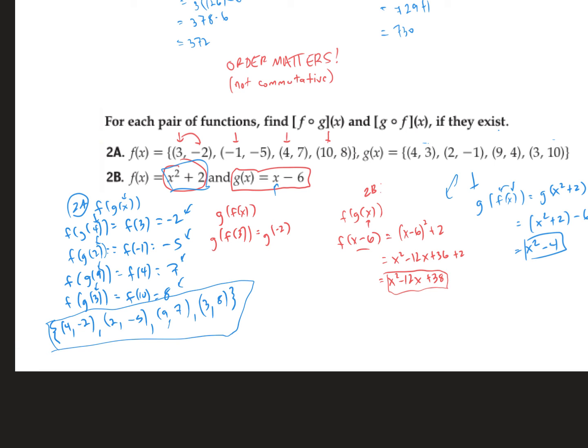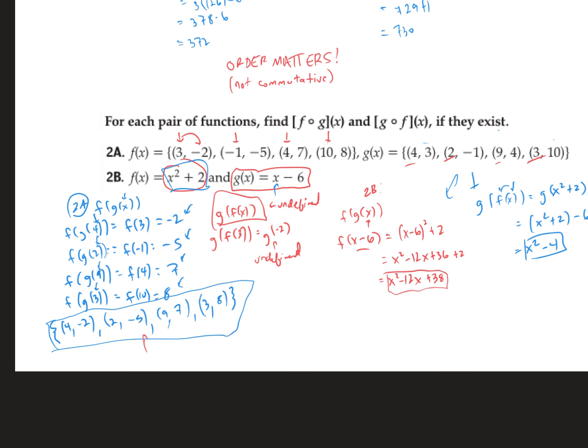So then I would come over to g and say, where's -2? Well, there's no -2 x value in g. So that basically means this doesn't tell you what g does to -2. So it's undefined. It hasn't been defined by the function. Now, if that happens, you can stop, because that means this thing is undefined. All the points have to be able to go through like they did in my f of g in order for a function like this to be defined.